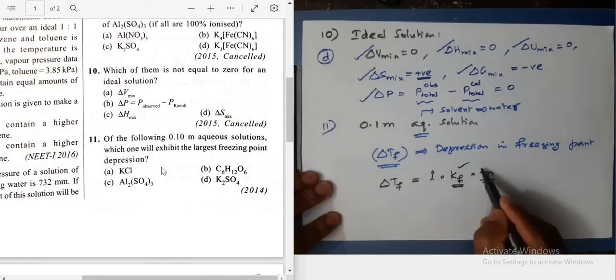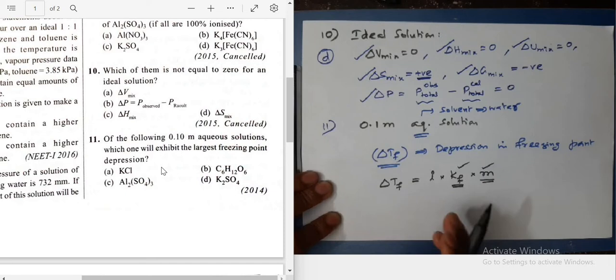Since Kf and molality are same, delta Tf is directly proportional to i only, the Van't Hoff factor. If i increases, delta Tf also increases. So to find which one has largest delta Tf, you just find among the four solutes which one has the highest value of i.